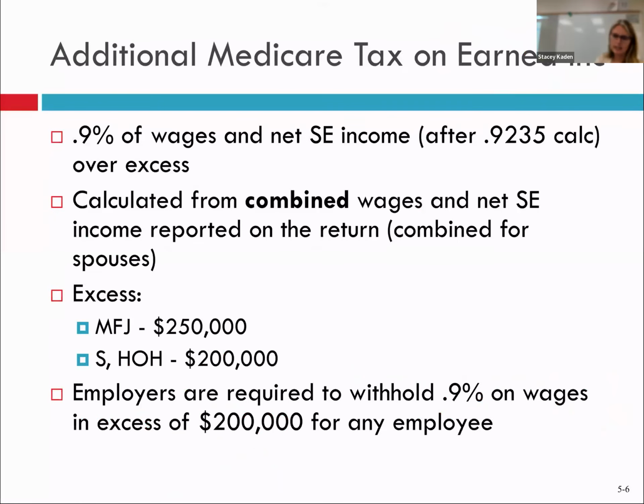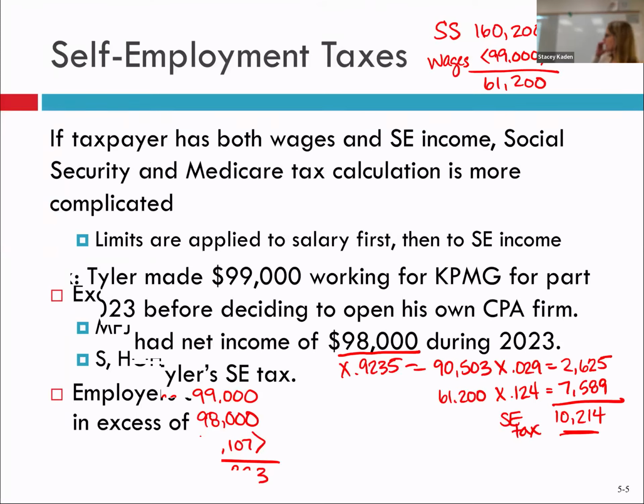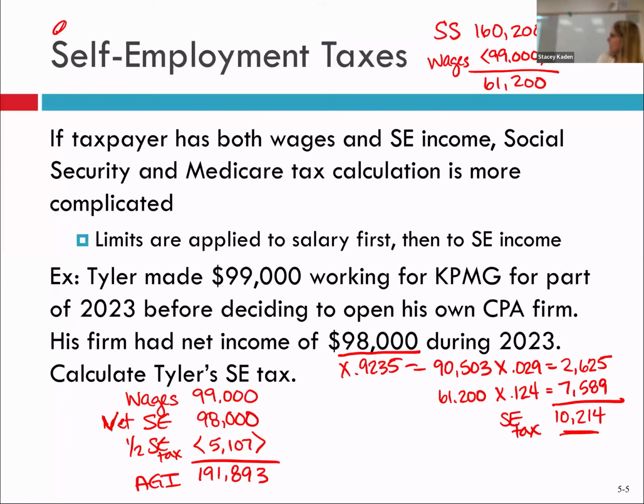All right, any questions? One of the things I do want to make sure that we make a note of here is his net income from self-employment. That's all subject to income tax. The number after the 0.9235, that's what is subject to Medicare and other payroll things that we're going to talk about.